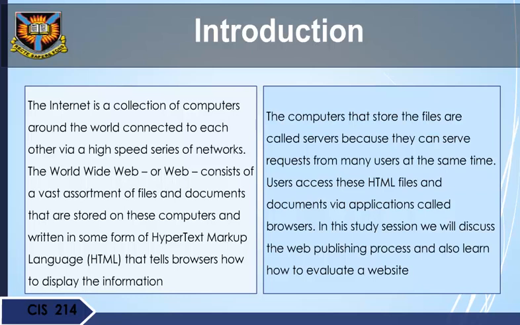The computers that store the files are called servers because they can serve requests from many users at the same time. Users access these HTML files and documents via applications called browsers.